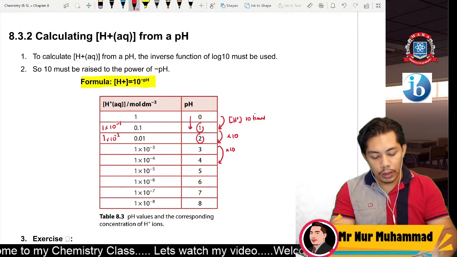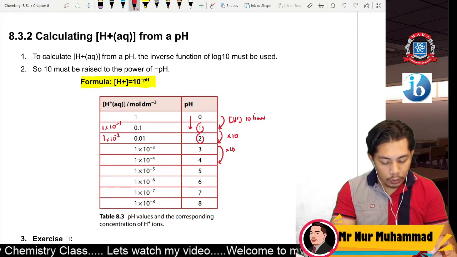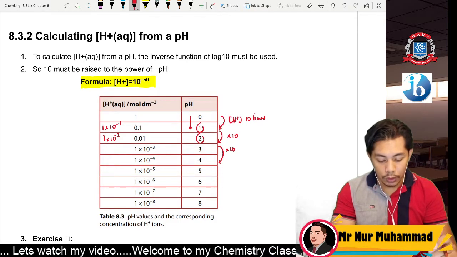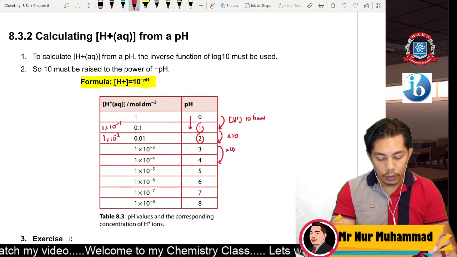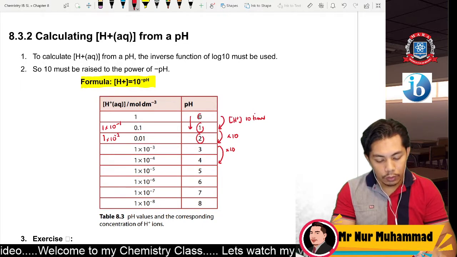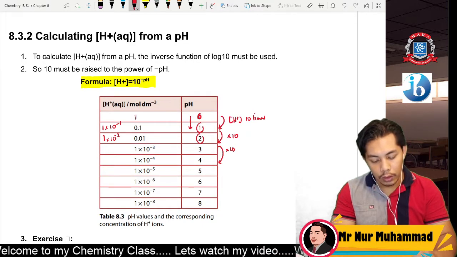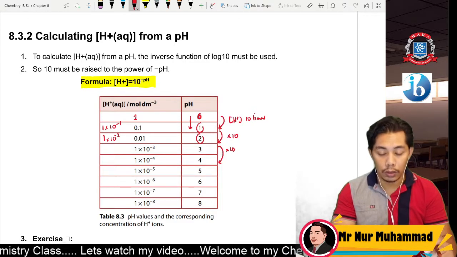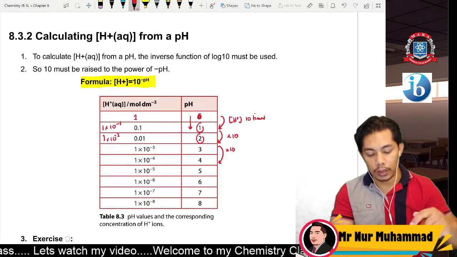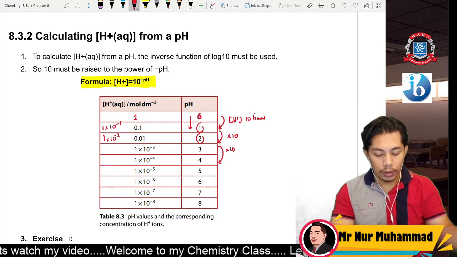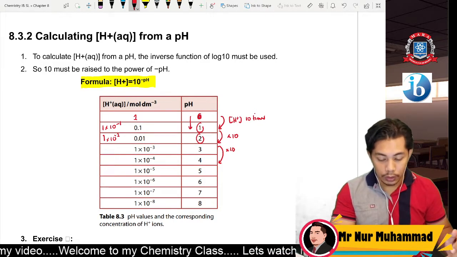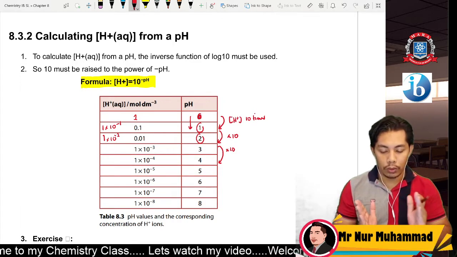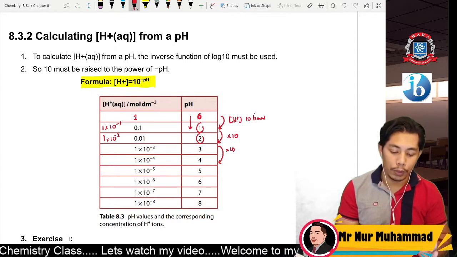The higher the pH value, the smaller the concentration of hydrogen ion. When the pH is 0, the concentration of hydrogen ion is 1, meaning 100% concentration of hydrogen ion. The higher the pH, the lower the concentration, right? So this is the relationship between concentration of hydrogen ion and pH.